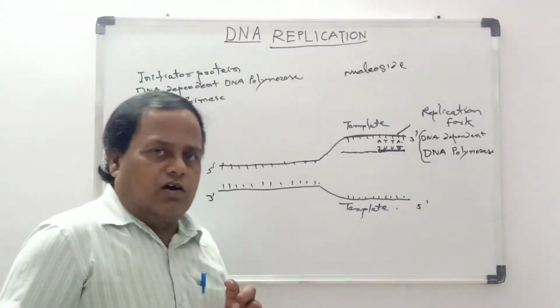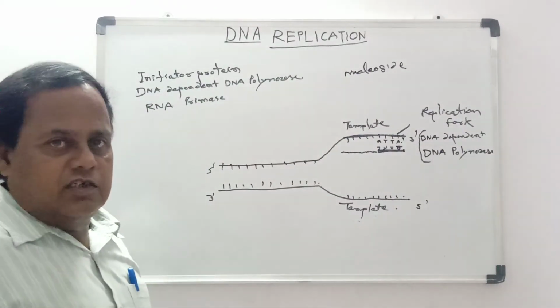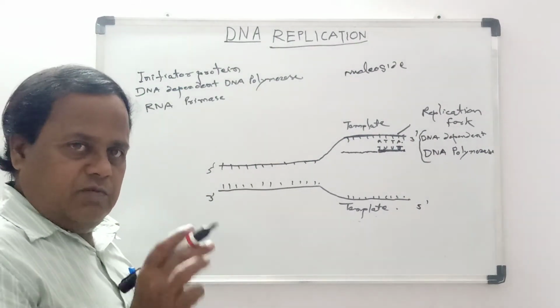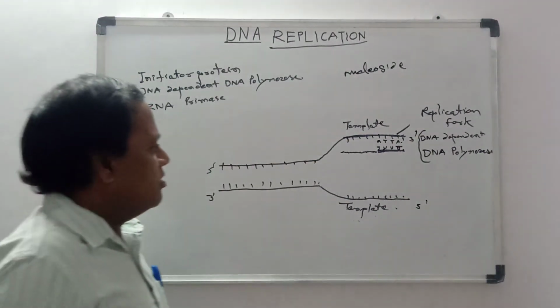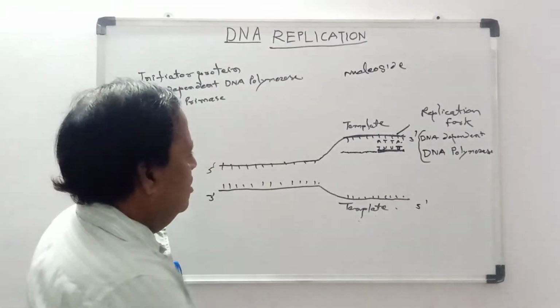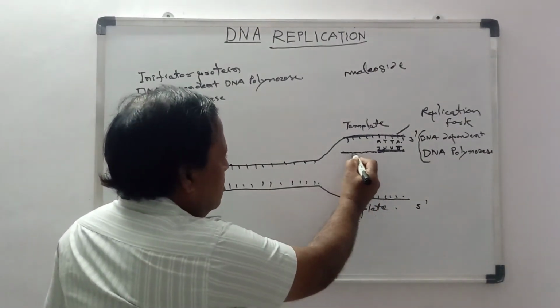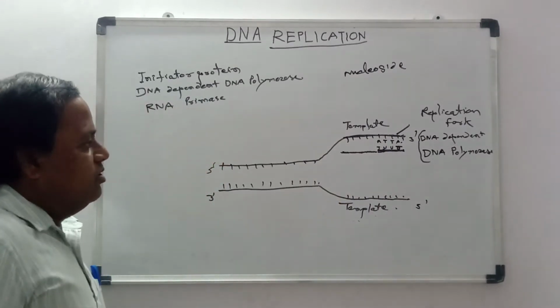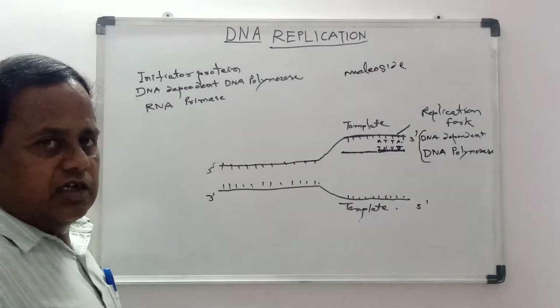If anything is wrong, if the nucleotide is not attached properly, that nucleotide is removed and the proper nucleotide is attached at that place. So it also does the job of repair. So this is a very efficient and effective enzyme, DNA dependent DNA polymerase.